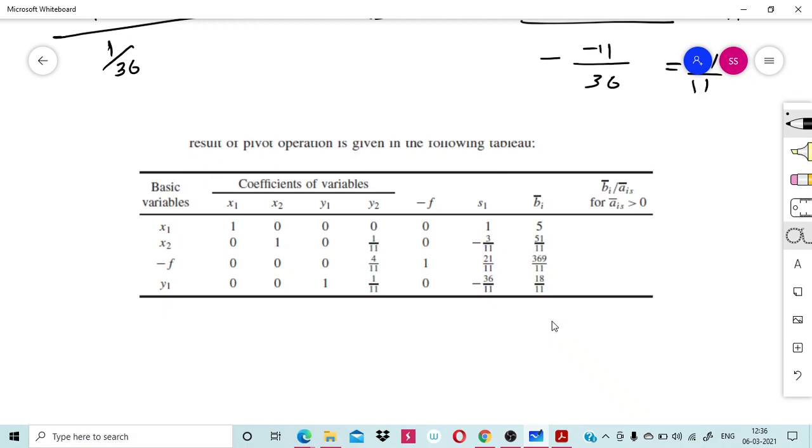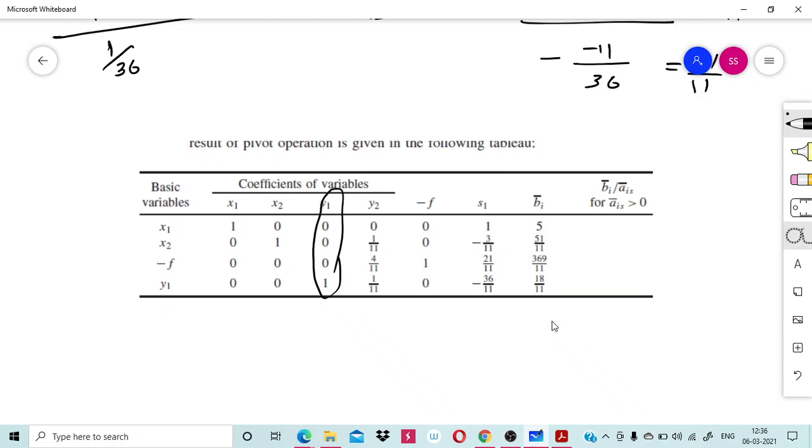So x1, x2 all will converge to integer values. Here our slack variable s1 has been replaced by this y1. And we will pivot at that pivot position, which is this y1, right? By row operations we will do it like this. So after all this we will get like this.